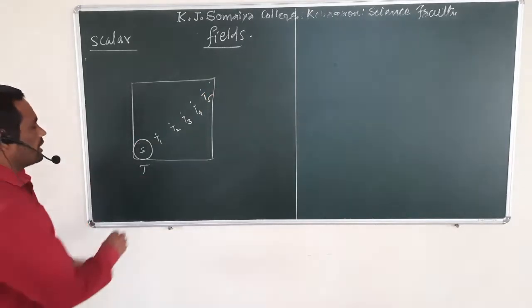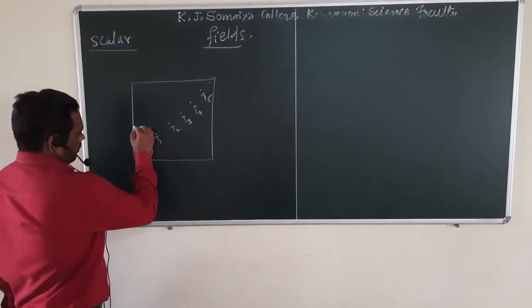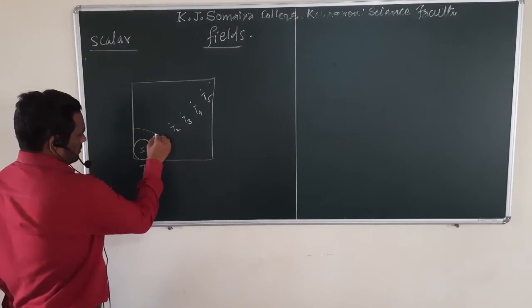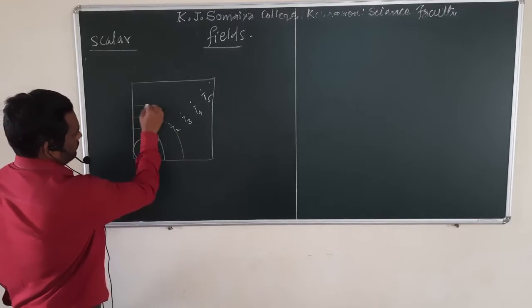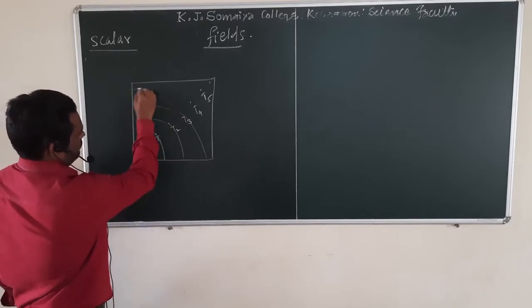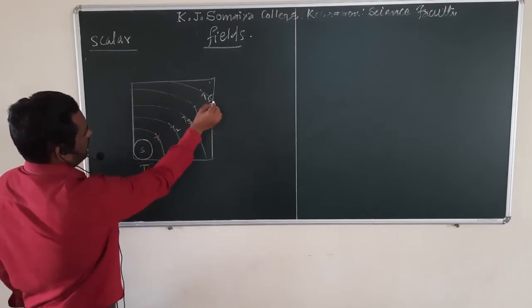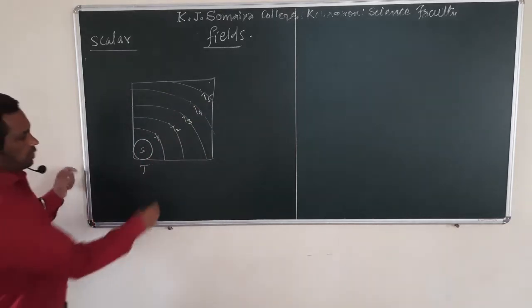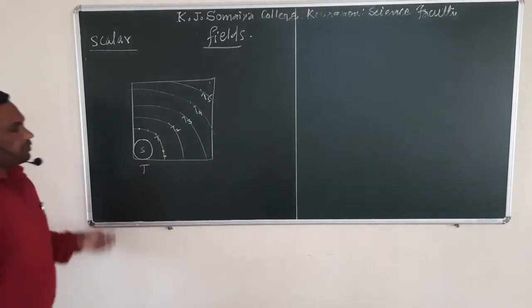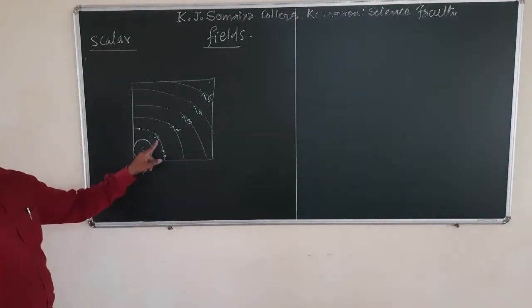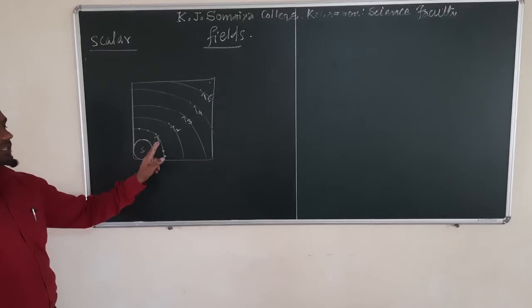So here we have surfaces like this. What are those surfaces? Suppose you are measuring temperature at any point on one, then we know that temperature is T1. So on this surface, temperature is constant.